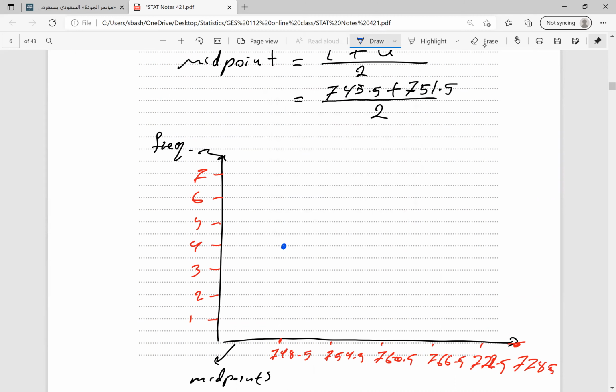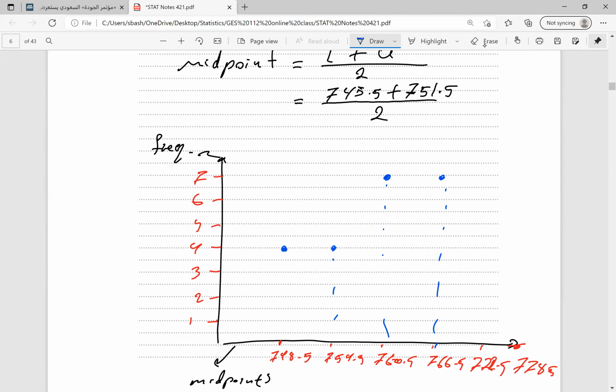So this is 4. Next one is 4. Next one we have 7. Then we have also 7. Should be at the midpoint for each one. Next one was 6. And last one was 2.